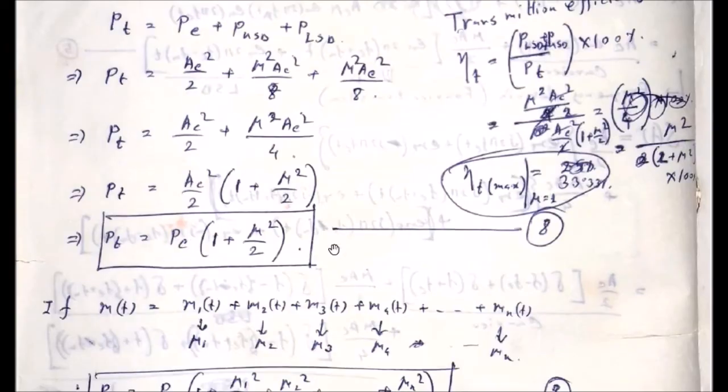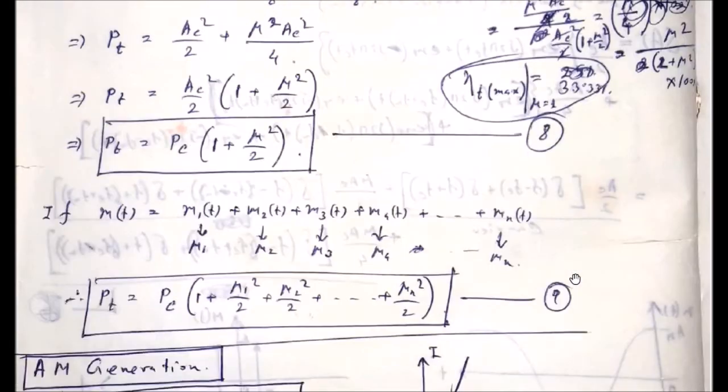So P_C multiplied by 1 plus mu square by 2. It is one very important relationship for calculating the transmitted power for a given carrier power and the modulation index mu. Okay, equation number 8 is very important for carrying out the numerical problems.